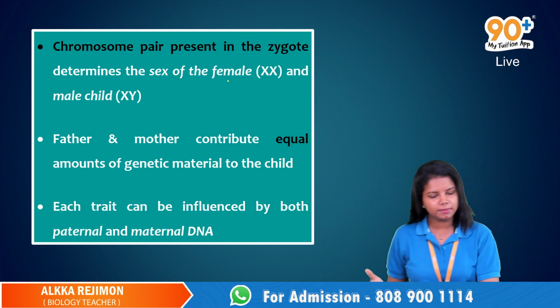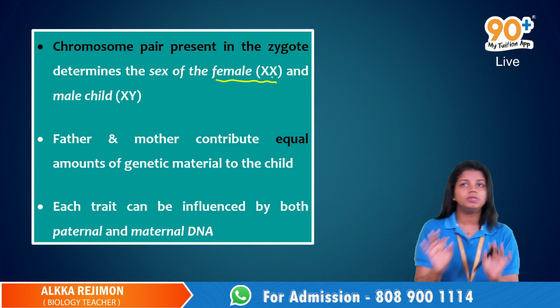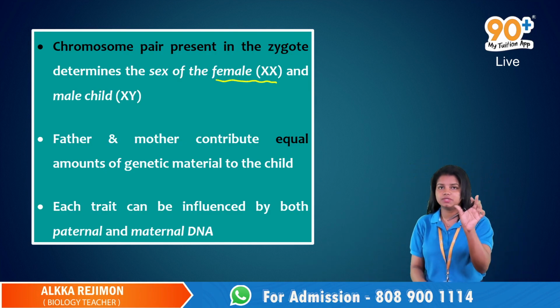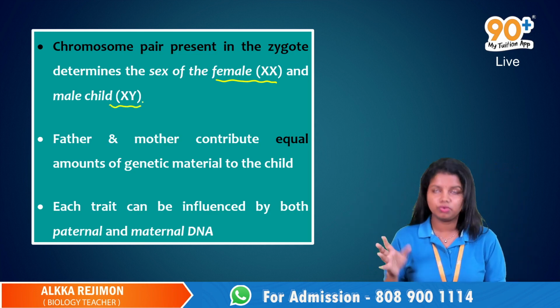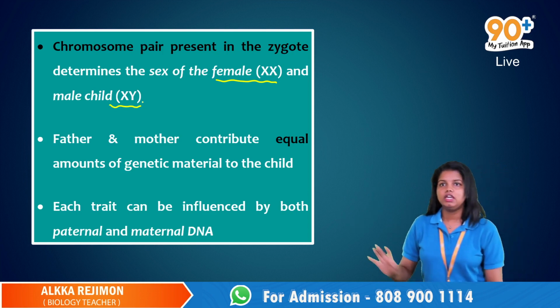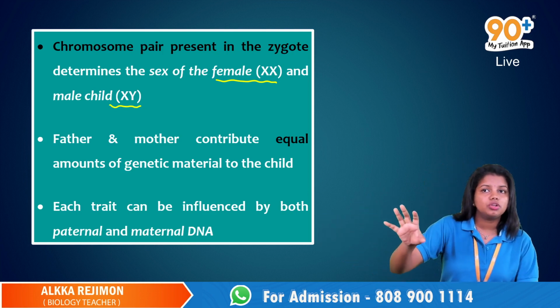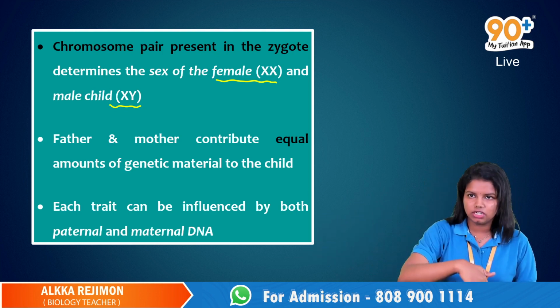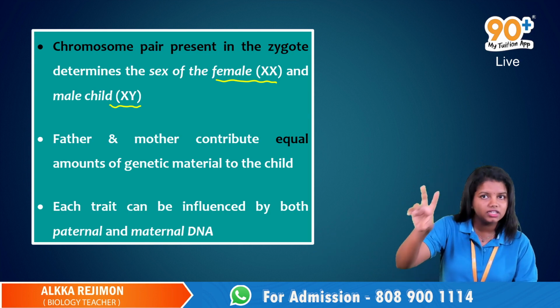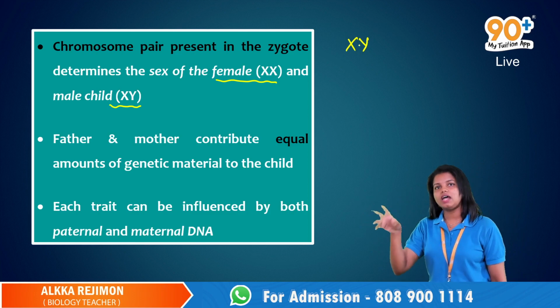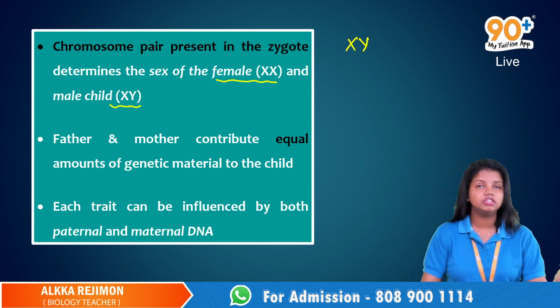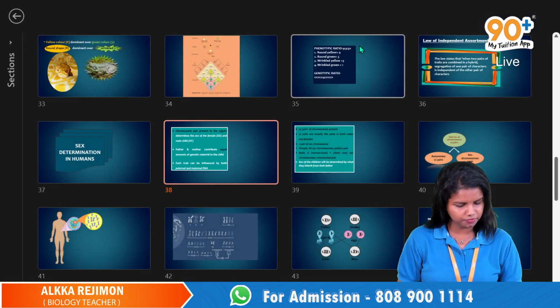If it is a female child, the sex chromosome will be capital X capital X. If it is a male child, the sex chromosome is going to be capital X small y. So father and mother contribute an equal amount of genetic material to the child, but the father has capital X, capital Y. So the father will decide whether the baby is going to be a male or a female.